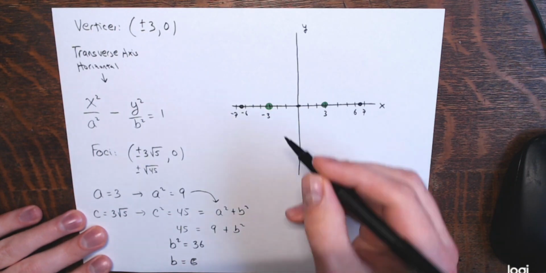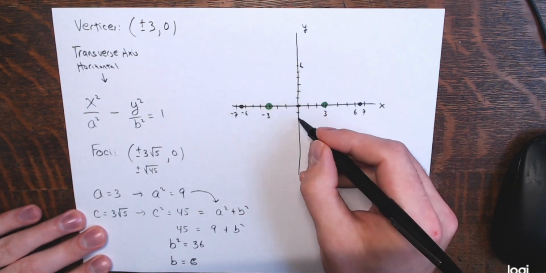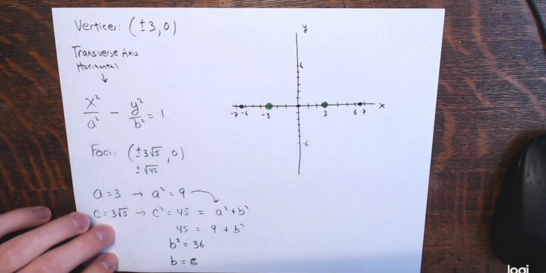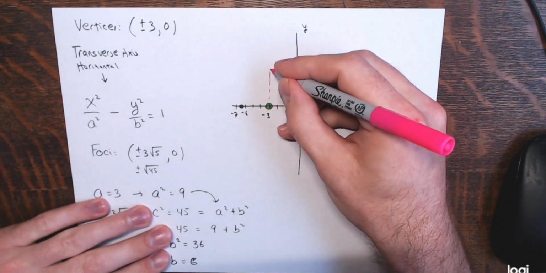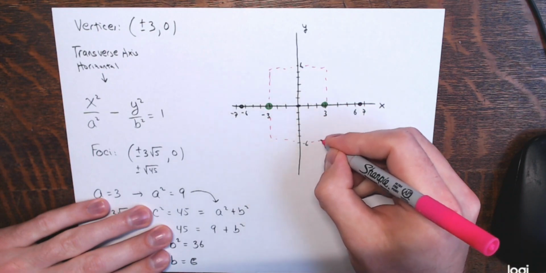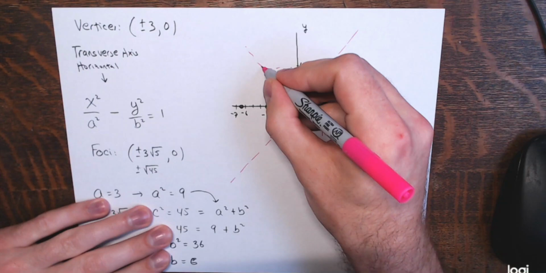And I go up 6, down 6. Now I don't put any points there. Right? This is just helping me find the asymptotes. And then I can make the little rectangle here with the values of a and b, right? a is 3, b is 6, and I do this, and the asymptotes run through the corners and through the center.